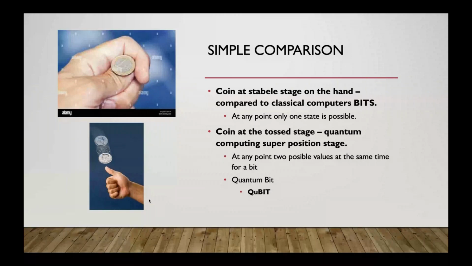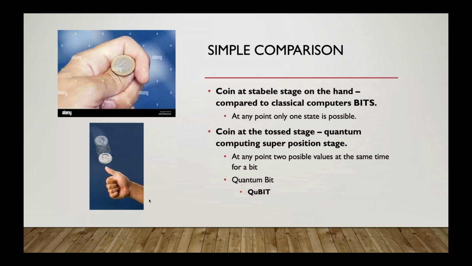At any point in time, it can have either 0 or 1. That is the basic premise of classical computers. Now, coins in the tossed state are considered a special characteristic of a quantum computer called superposition.